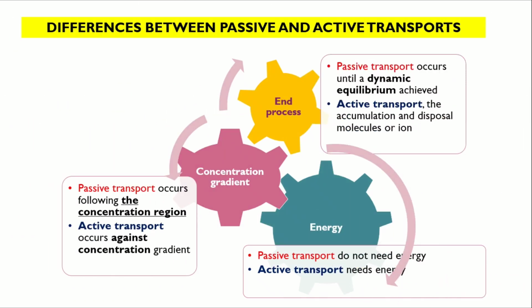Passive transport occurs following the concentration gradient. Meanwhile, active transport goes against the concentration gradient. At the end of the process, passive transport will occur until it achieves dynamic equilibrium. Meanwhile, active transport will result in the accumulation and disposal of molecules or ions.